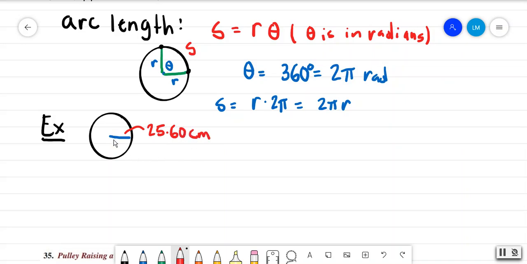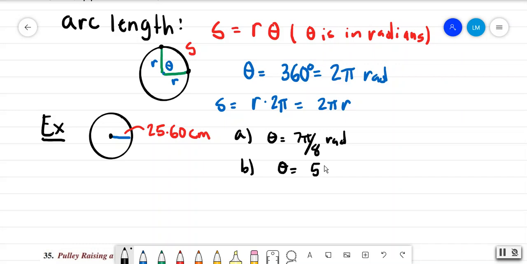We want to know the measure of the arc if, for part A, theta is 7 pi over 8 radians, and for part B, theta is 54 degrees.